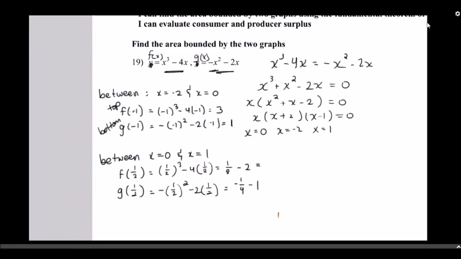So 2 is just 16/8, so 1/8 minus 16/8 is negative 15/8.